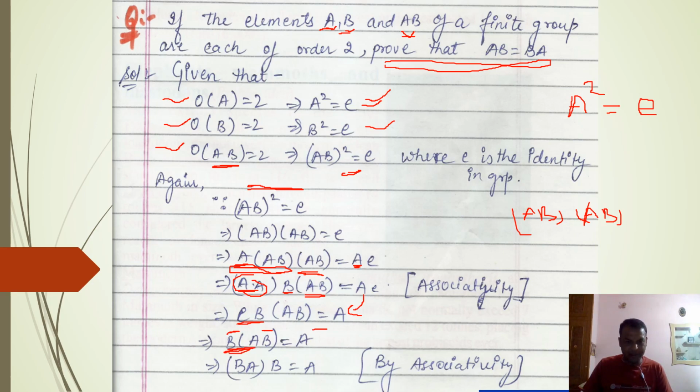So this BA can be clubbed in one bracket and this B comes here. So again applying associativity, BA into B equal to A.